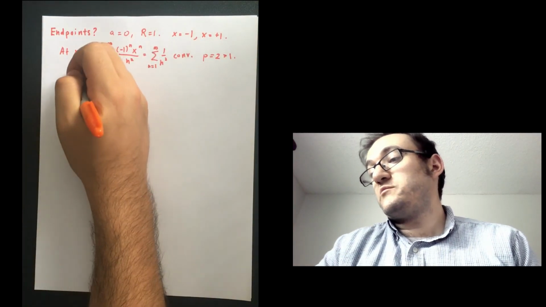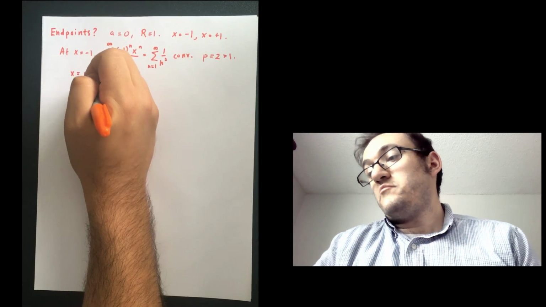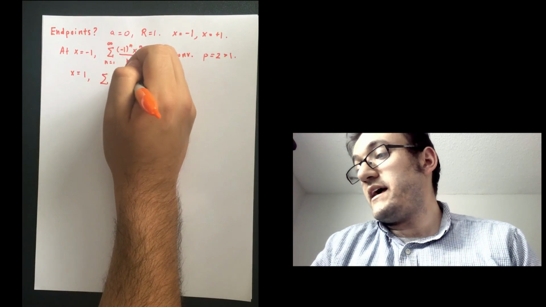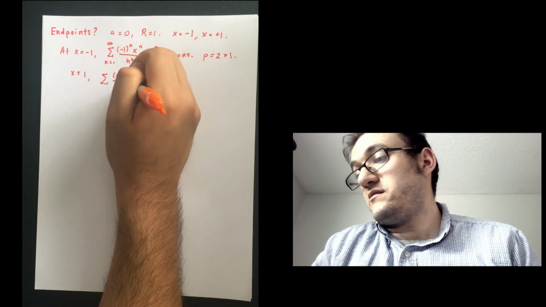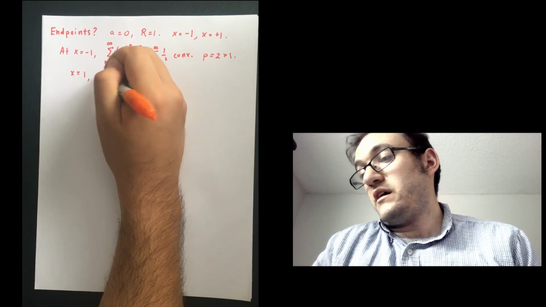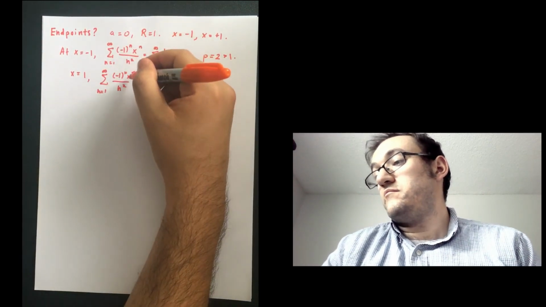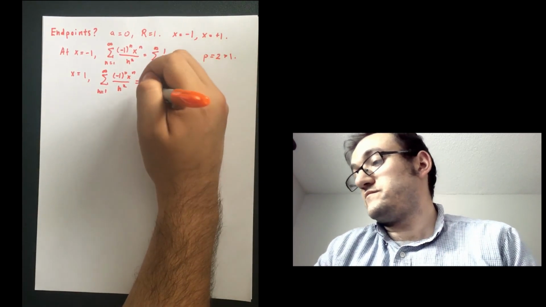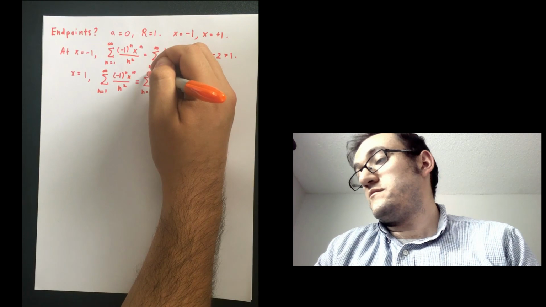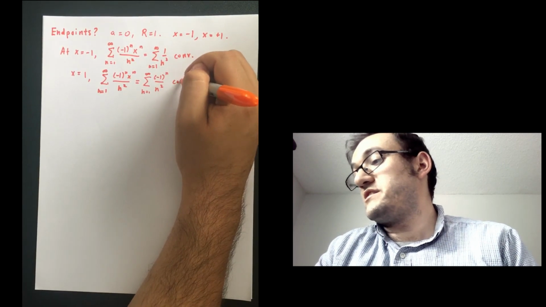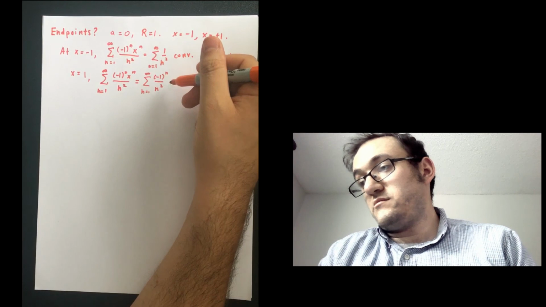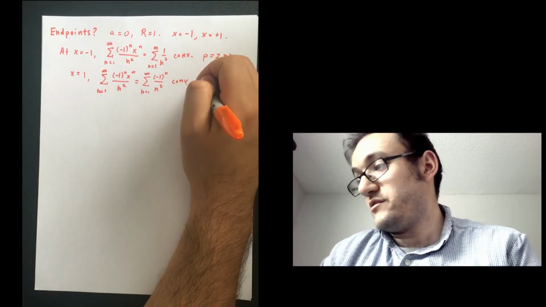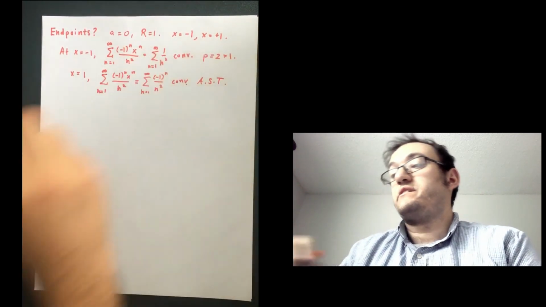Similarly, at x equals positive 1, we have the sum from n equals 1 to infinity of minus 1 to the n, x to the n divided by n squared. This is just minus 1 to the n over n squared. And this is convergent both because it's a signed version of an absolutely convergent series, and also because you can use the AST, the alternating series test.